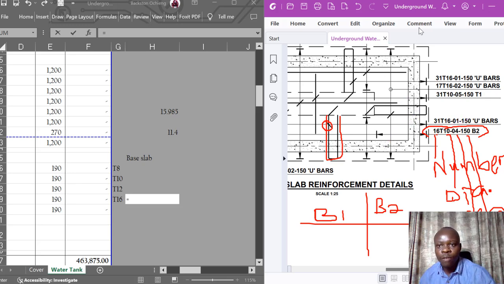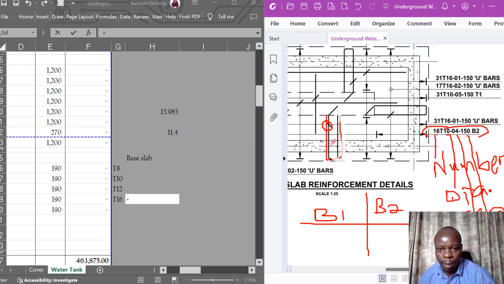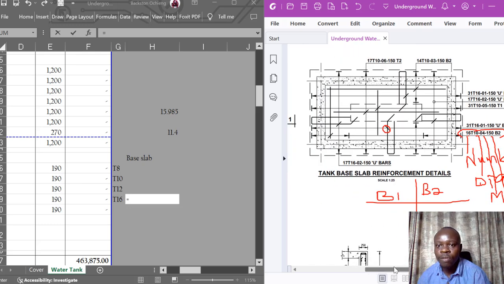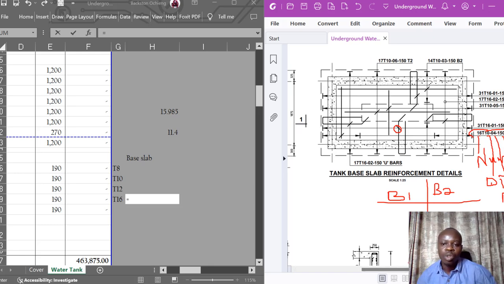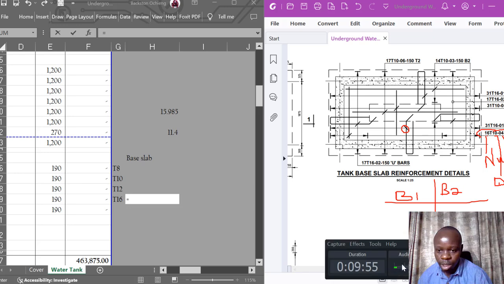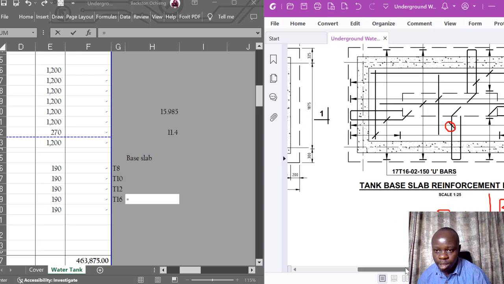So we need to get the length of that particular bar. The length is a result of interpretation from the dimensions. Let's see what we have. According to this plan, let me zoom it in again.